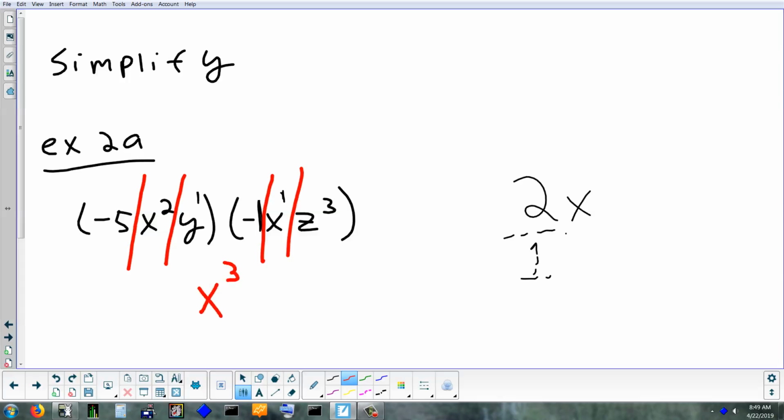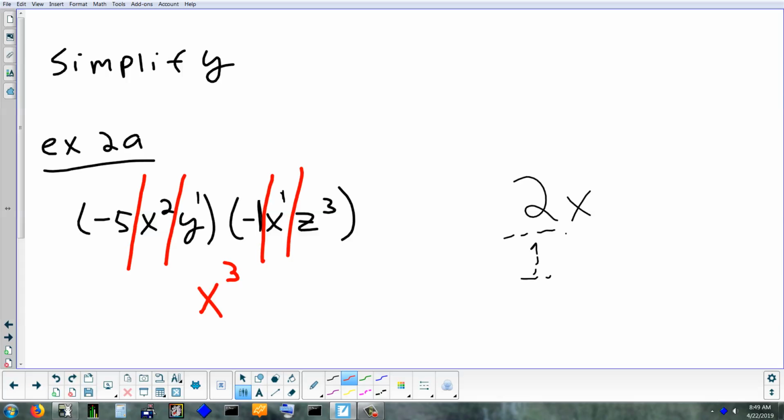Anything else that might be the same? Ellie? -5 and -1. And when I multiply them, what do I get? Negative times a negative? No, remember now. Don't confuse the rule. When I have whole numbers like this, I'm going to multiply them like normal. -5 times -1.